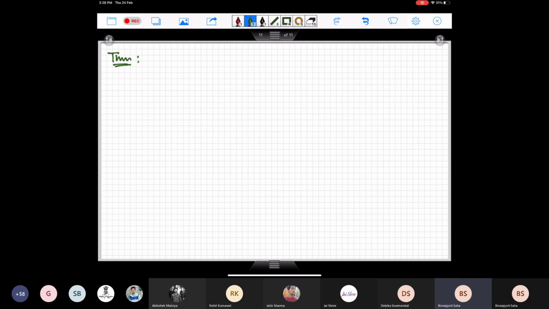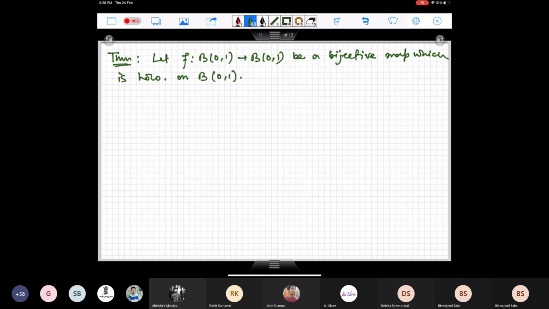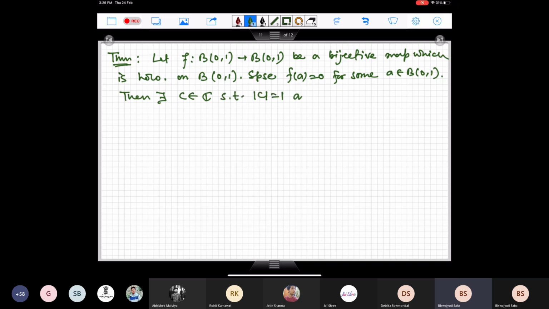It says that if I take f from B01 to B01 to be a bijective map which is holomorphic on B01, and suppose f of a equals 0 for some a in B01 (of course, it's a bijective map, so there will be a point where the function vanishes), then there exists c in C such that mod of c is equal to 1 and f is equal to c times phi a.